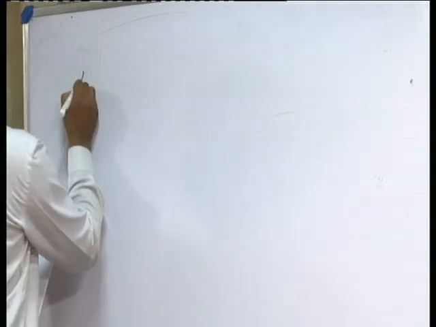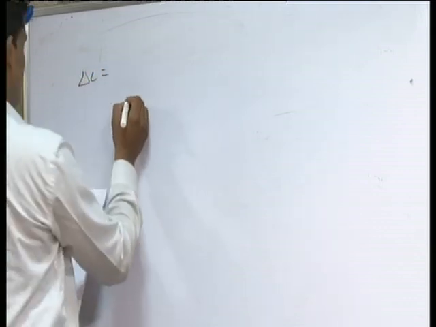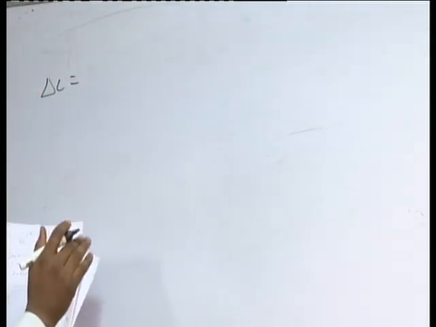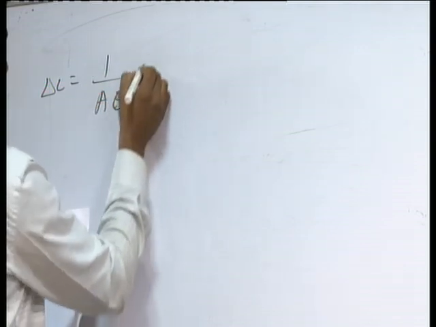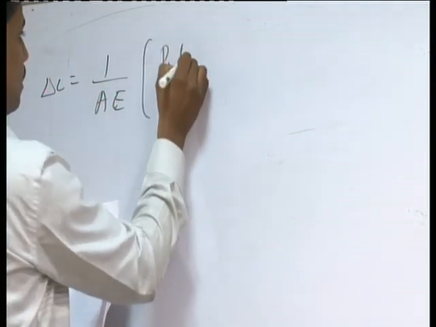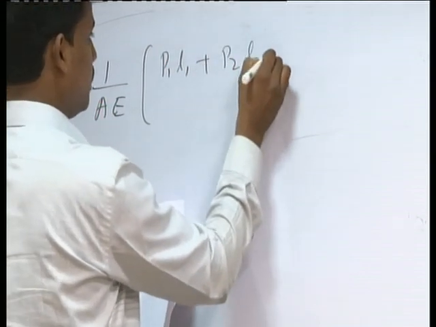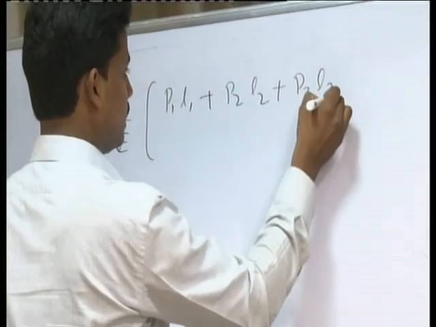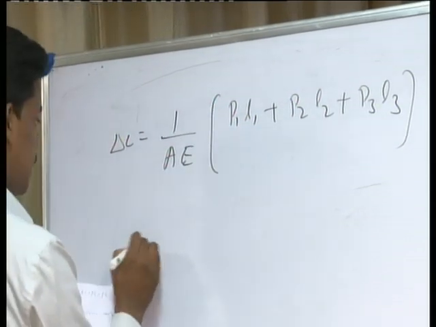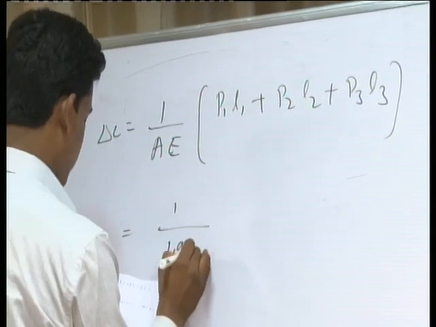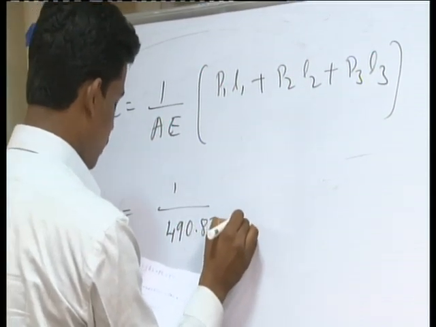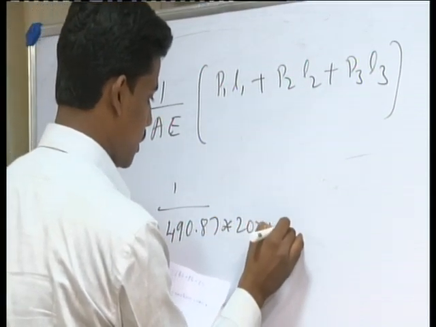Delta L is equal to, since the cross sectional area is the same, both A and E remain the same, so we can take A and E as common. So P1 L1 plus P2 L2 plus P3 L3. Substituting the values, area is 490.87, E is 2 into 10 to the power of 3.